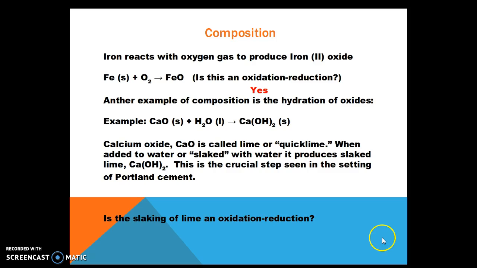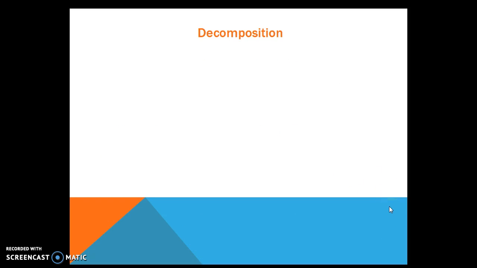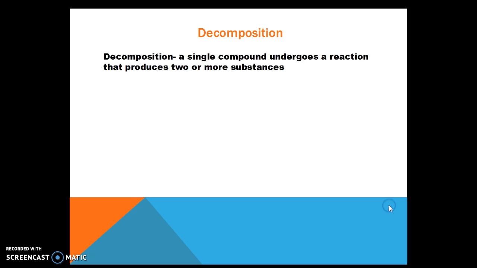Is the slaking of lime an oxidation-reduction? Look carefully and answer. It is not. Calcium is a +2 on the left and a +2 on the right, and that means there is no electron transfer.